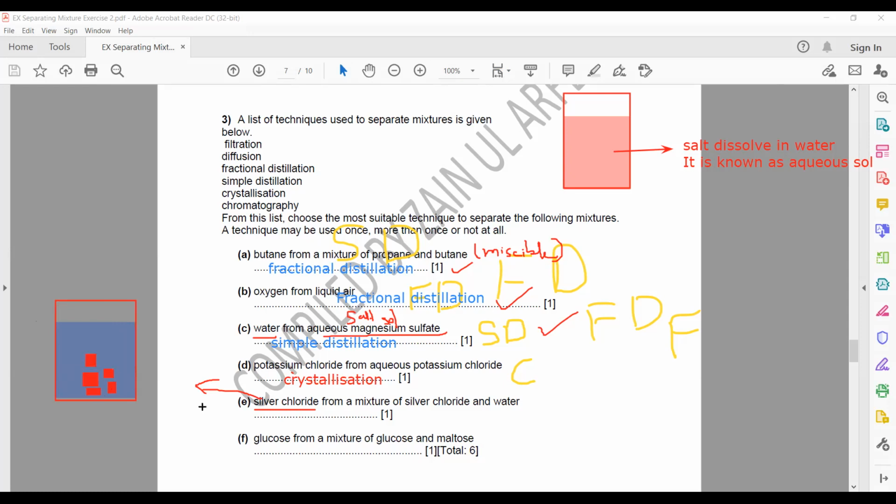So how can I separate the silver chloride from the mixture? If it is an insoluble salt, we cannot use crystallization, we can only use filtration.